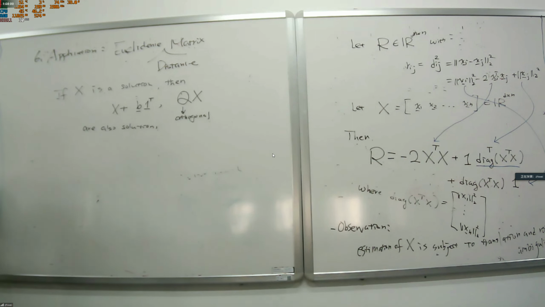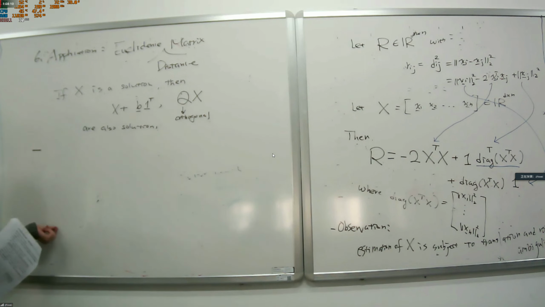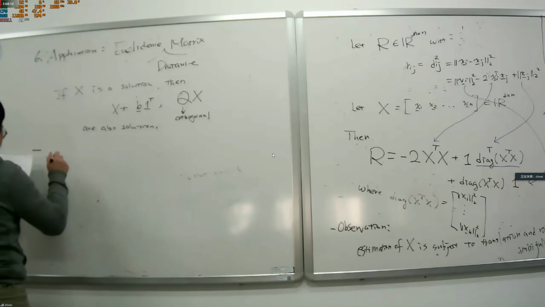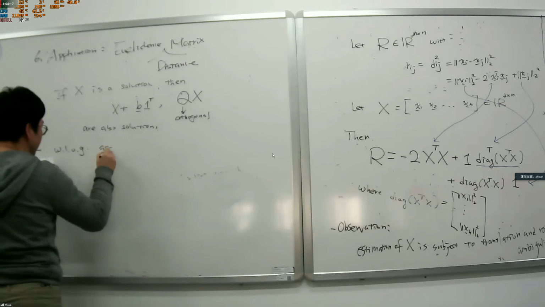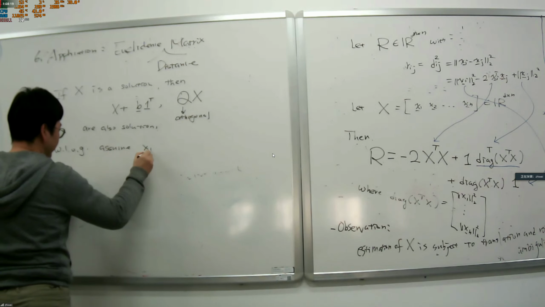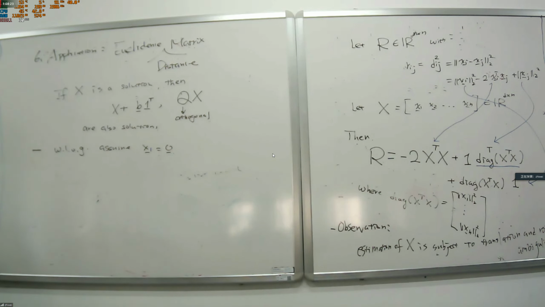So suppose one of them is an anchor node, we know its location. Or in this molecular conformation problem, we assume one of the nodes is at the origin. So without loss of generality, we can assume x1 is at location 0. Then we can avoid this translation.